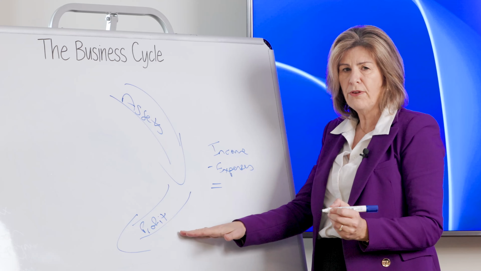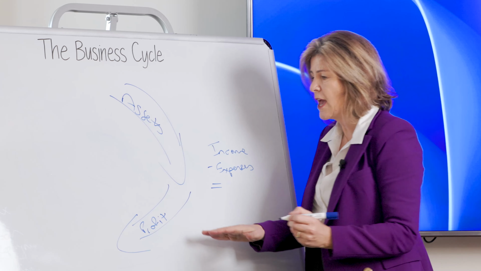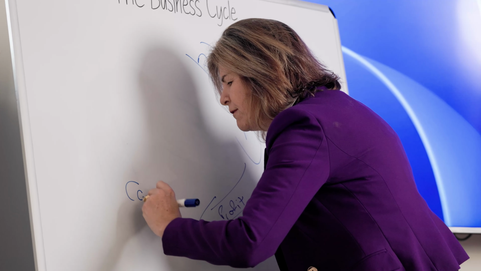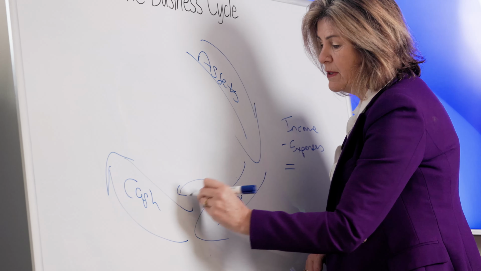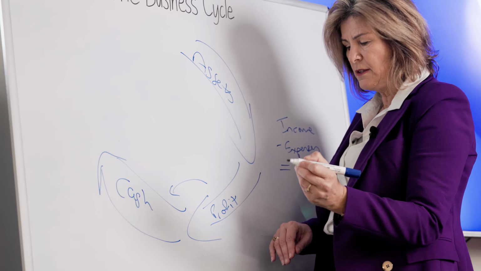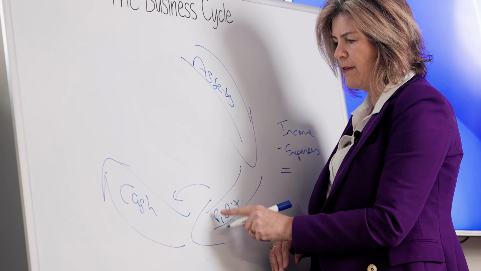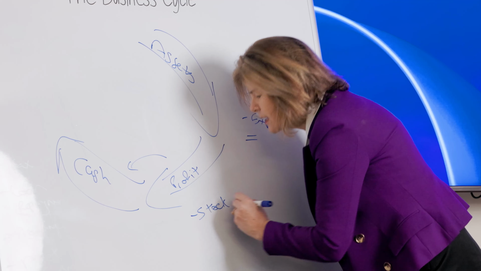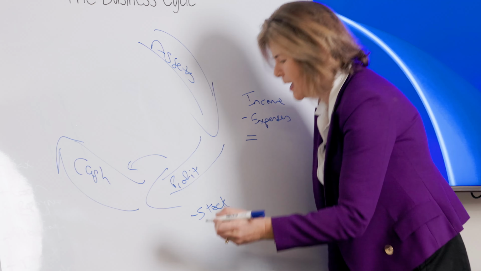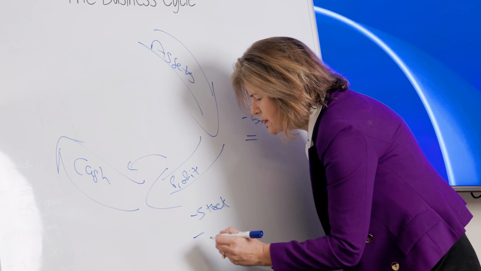Now, the profit we want to have turn into cash. The faster it can turn into cash is the better the business, really, because the things that affect having the profit turn into the cash are things like your stock. How fast can you turn your stock over into cash and into sales?